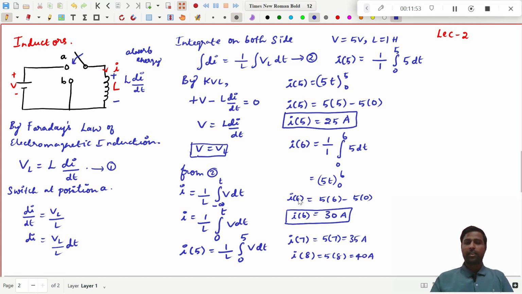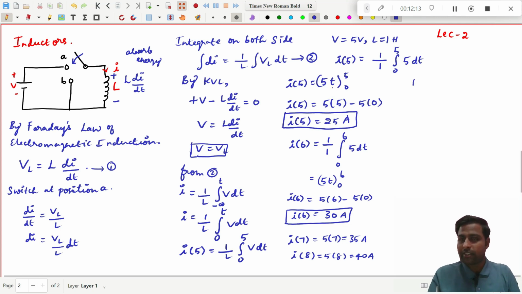Now you have to understand very clearly here. If I apply a constant voltage, that is DC voltage, to the inductor, the current in the inductor is increasing with time, right?